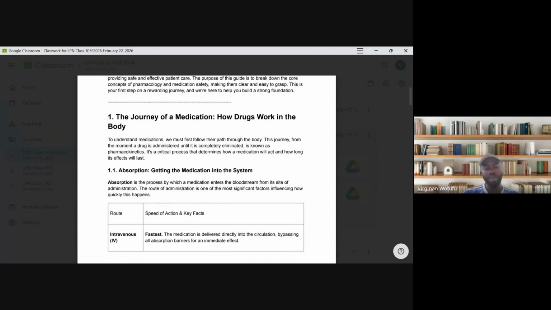We know the IV route is the fastest route of administration because the medication is introduced directly into the bloodstream. So it does not have to go through absorption from the stomach before distribution or go through the liver. It goes straight to the bloodstream where it's carried to the target site.